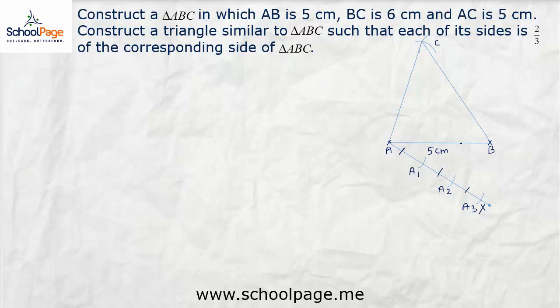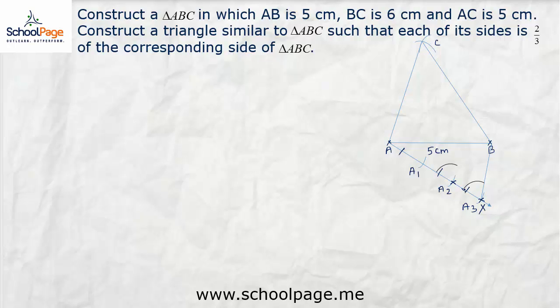Let us join A3B. Since the scale factor is 2/3, we have to draw a line through A2 parallel to A3B. For this, let us take a small convenient radius. Let us take A3 as center and cut an arc. Without changing the radius, let us take A2 as center and cut the arc.